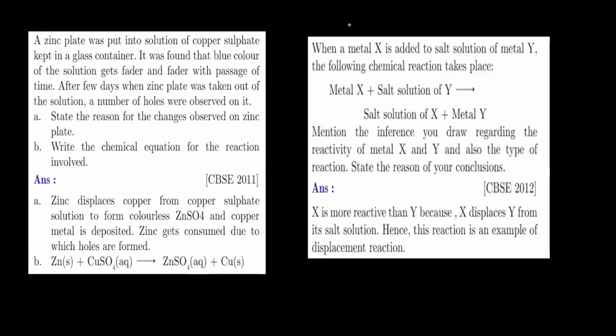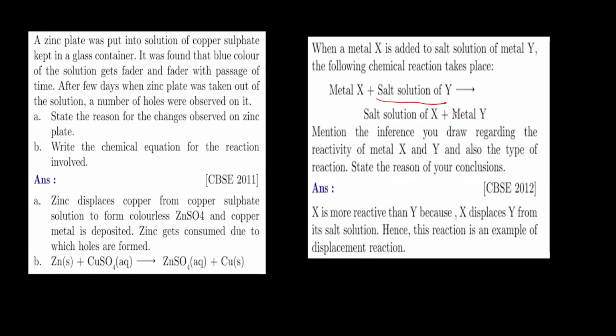Another question: when a metal X is added to a salt solution of Y, the following reaction takes place. Mention the inference you draw regarding the reactivity of metals X and Y, and also the type of reaction. State the reason for your conclusion. Okay, so you can see metal X and solution of Y, and what are the products?